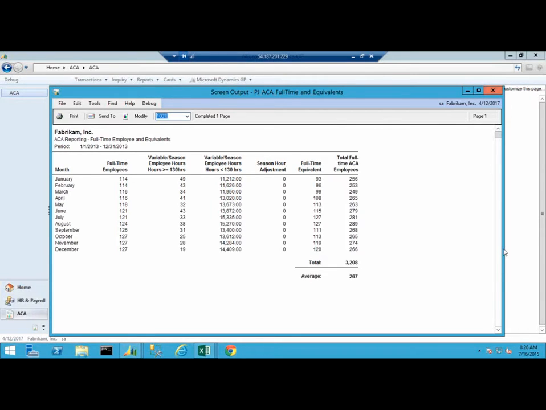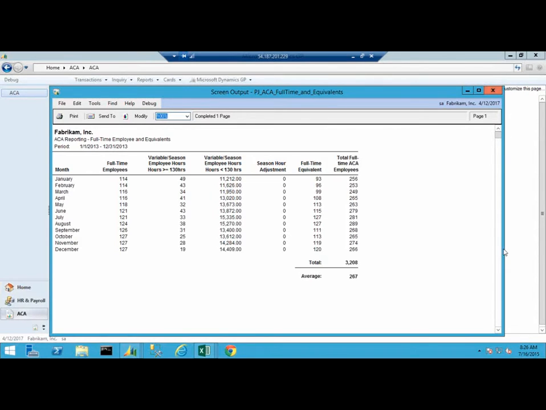So in this case, I am a 267 ALE, and therefore I would have had to be compliant with the mandate come January the 1st, 2014. So that's an important concept. The ALE status is not the current year. It's the previous year's number that determines whether or not you're an applicable large employer.